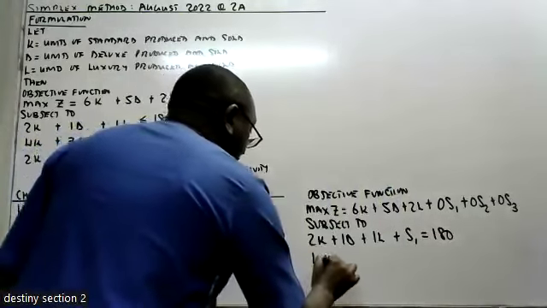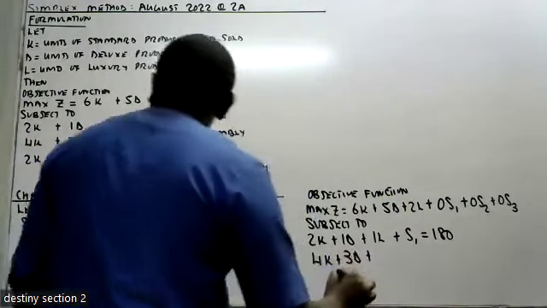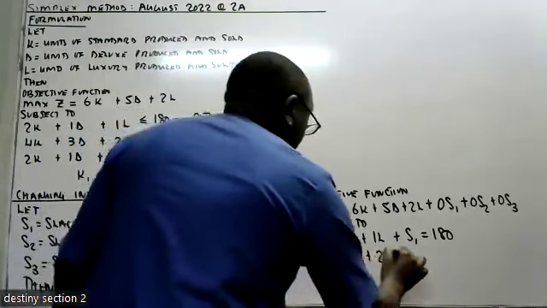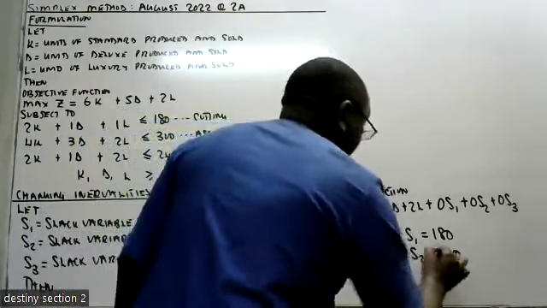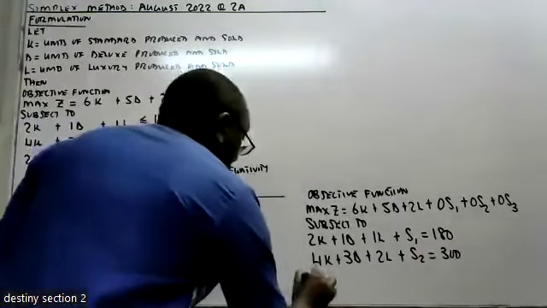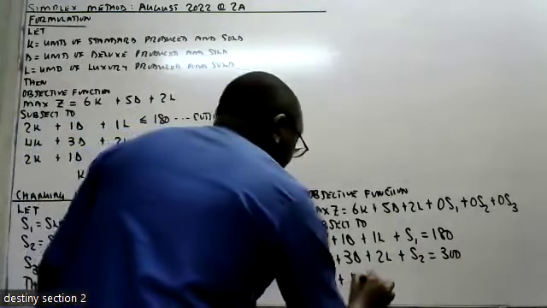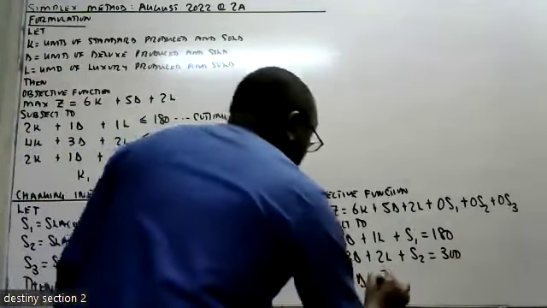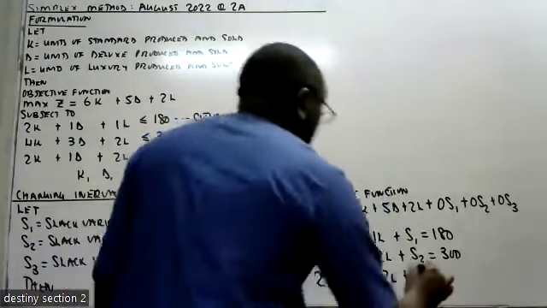I have 4K plus 3D plus 2L plus S2 is equal to 300. I have 2K plus 1D plus 2L plus S3 is equal to 240.